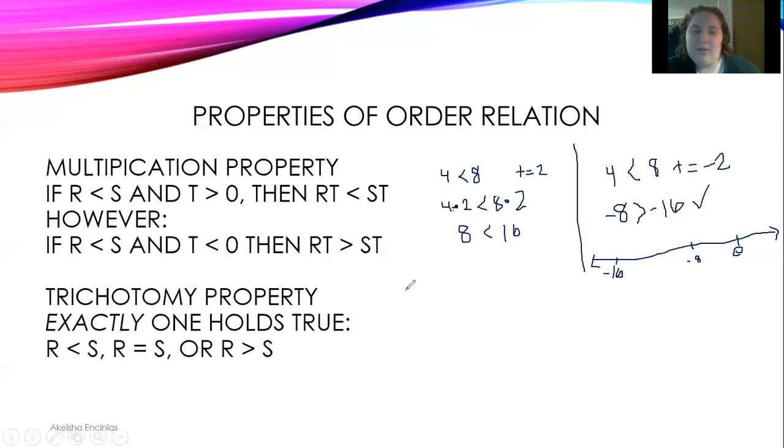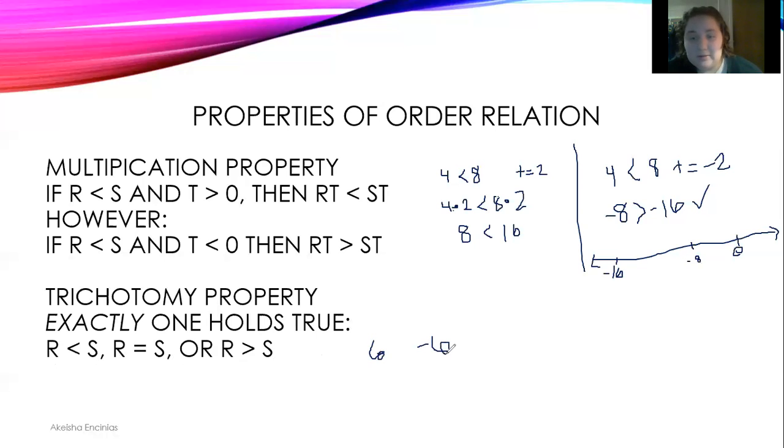And on to the last property of order relation, which is basically only one can be true when you have a problem. It has to be either R is less than S, R is equal to S, or R is greater than S. And that's going to go for any number, even if you have 6 and negative 6.